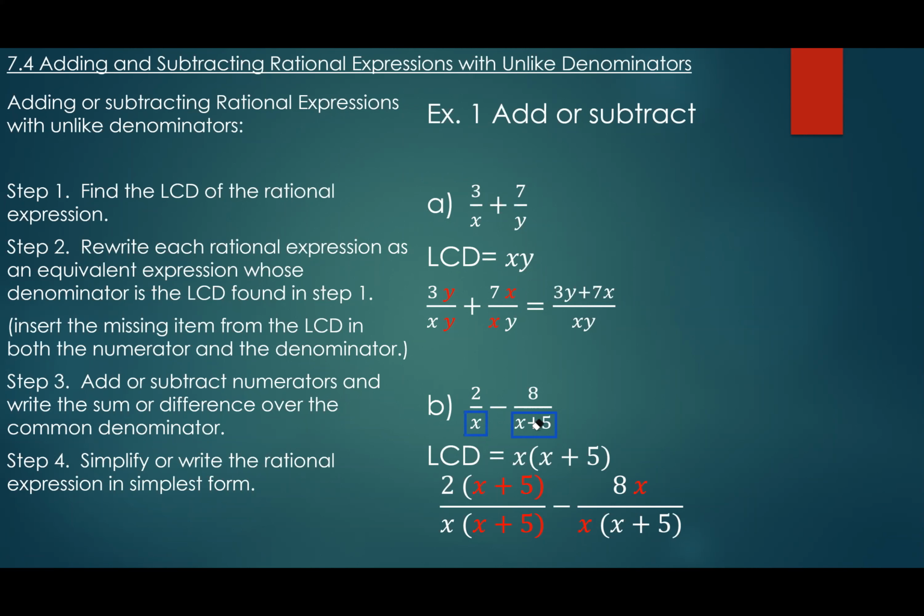And to find my LCD, I need to take the first denominator and put it together with the second denominator. And again, once I find my LCD, basically all I do is I want my denominator to look like my LCD. So just disregard the red ink. We have x plus 5, x plus 5. My denominator looks like my LCD.